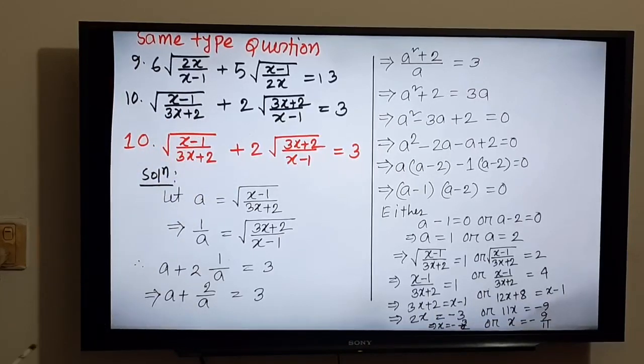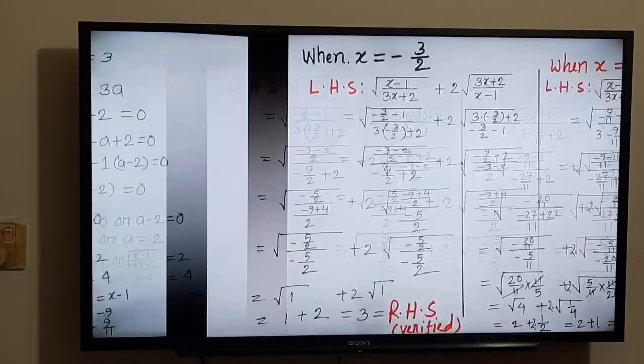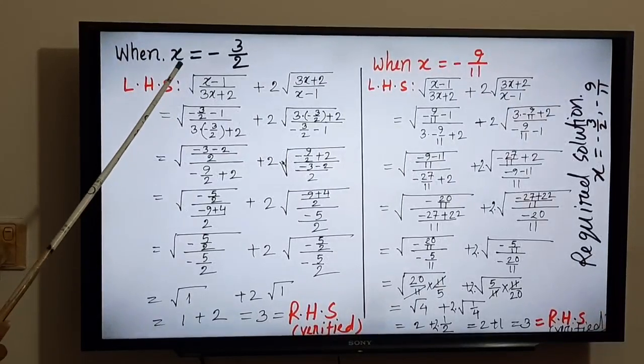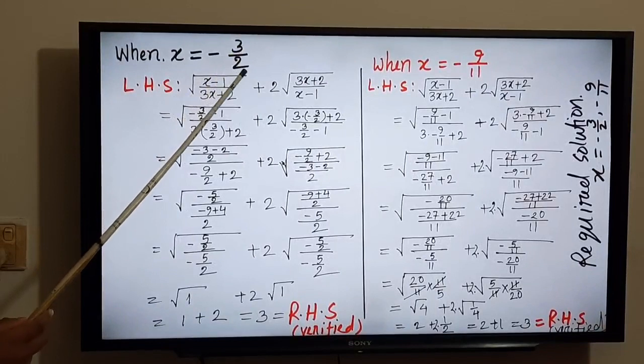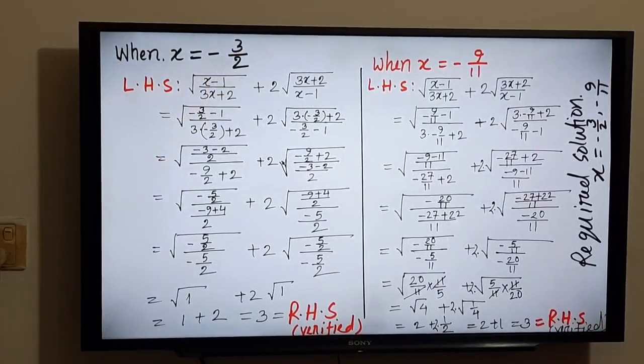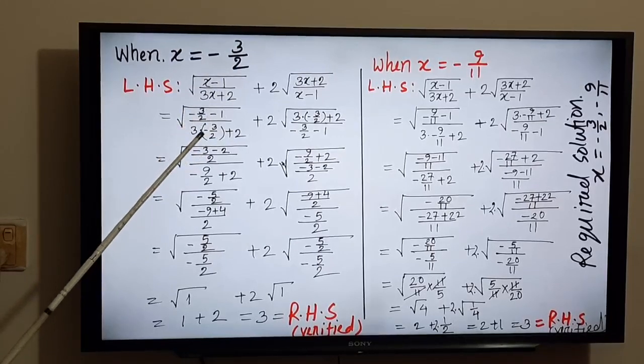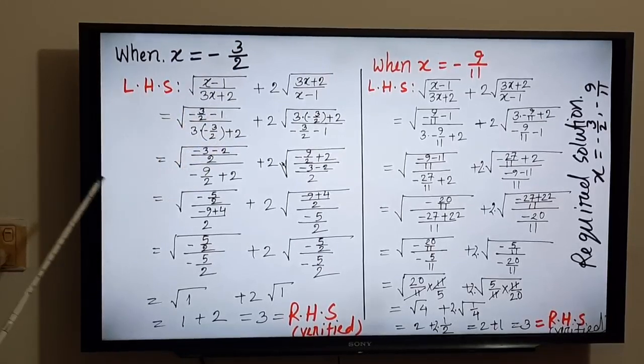So now we need verification. Our verification: if x is equal to minus 3 by 2, then x is replaced by minus 3 by 2. We can write minus 3 by 2 minus 1, and 3 into minus 3 by 2 plus 2.